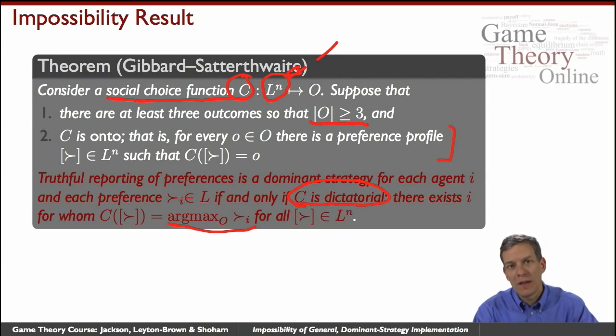There are proofs that relate this back to Arrow's theorem and show that there are similar conclusions in terms of the basic steps, dilemmas that were proven there. There's a very elegant proof by Salvador Barbera, which works off of individuals being pivotal in terms of changing their preferences and changing the outcome, and showing that you can't have too many individuals being pivotal at once if you are going to satisfy dominant strategies.